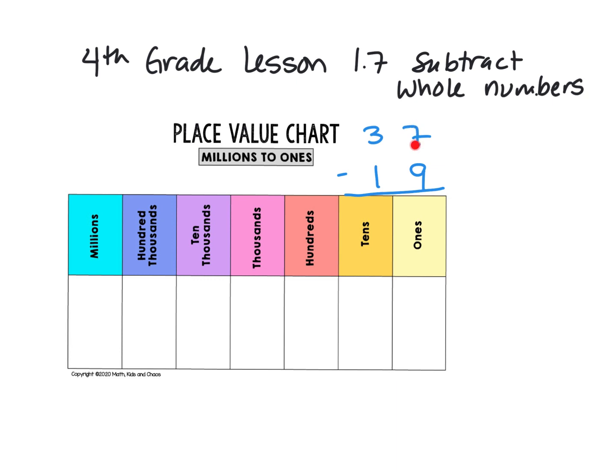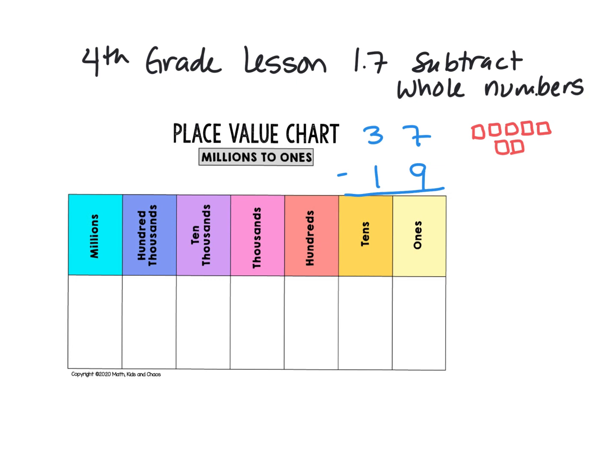So if I have 7 little ones here, what this is asking me to do is take 9 away from them. And there's only 7. If there's 7 sitting here, there's no way for me to take 9 away. There's not enough. I can't do it.